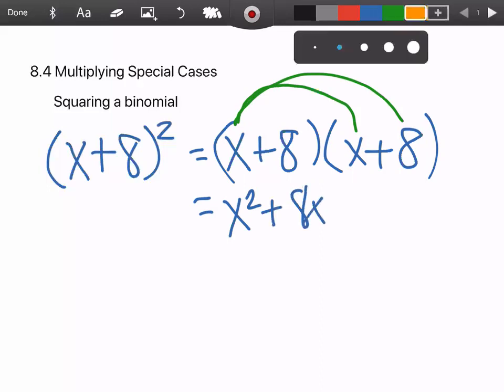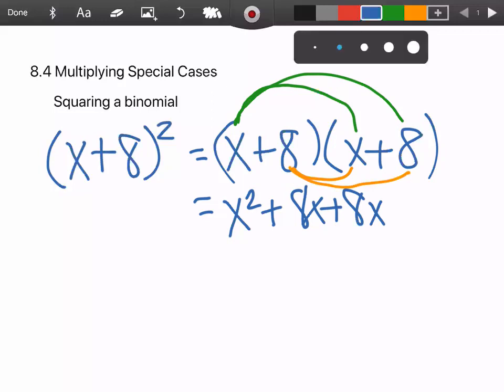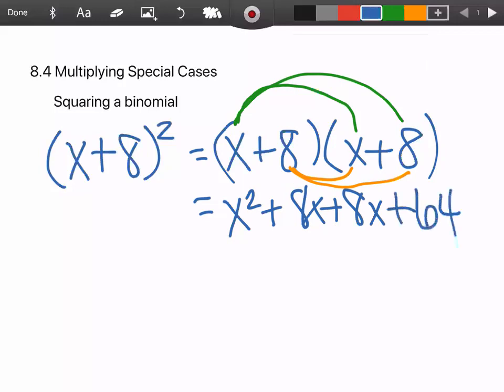Then we do the same thing with the 8. So we look at this 8 in the first parentheses, and we're going to take 8 times x, which gives us 8x. Then we're going to double distribute that 8 times 8, which gives us 64.